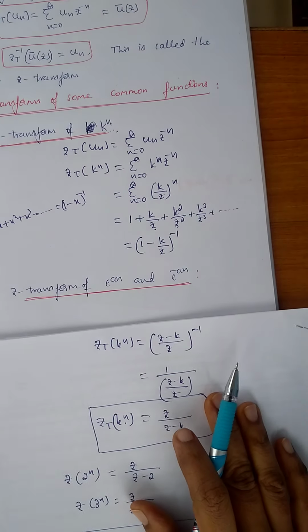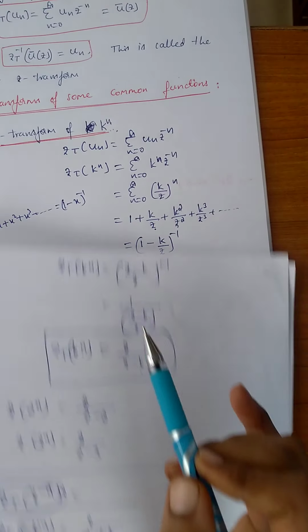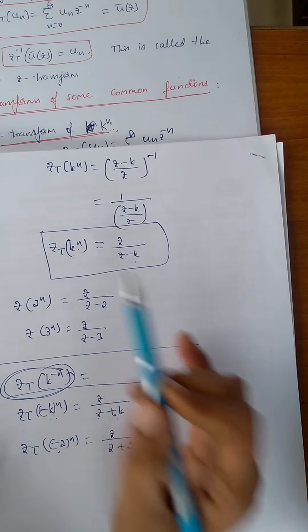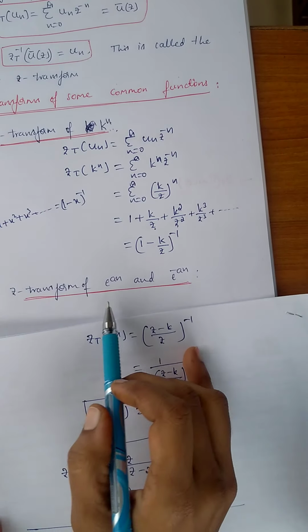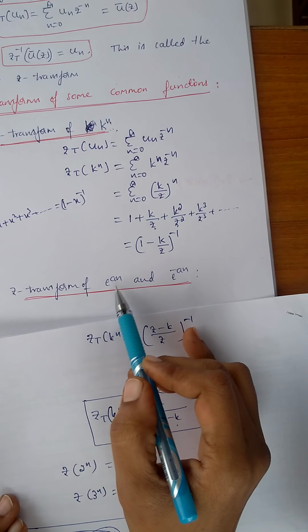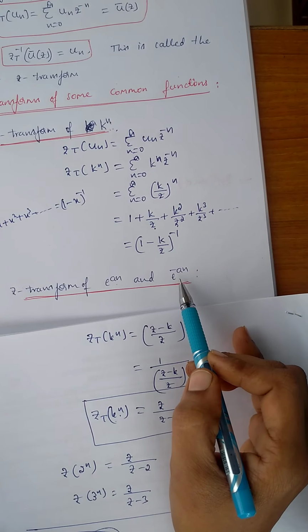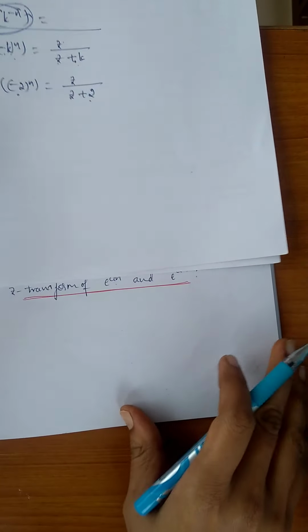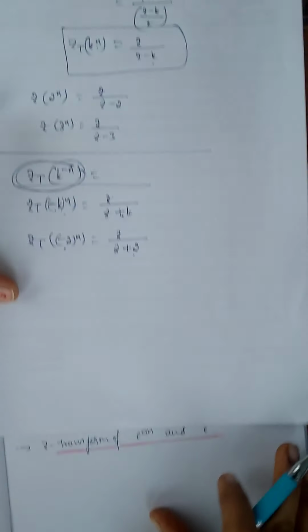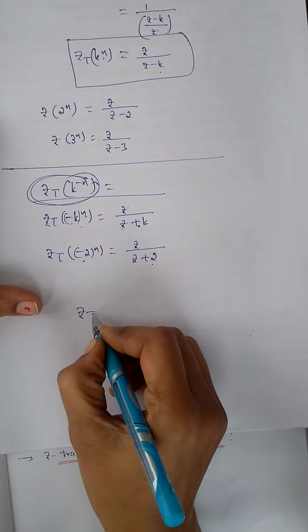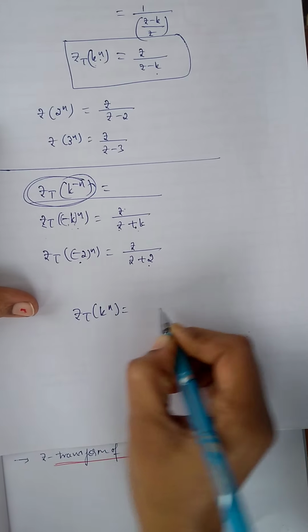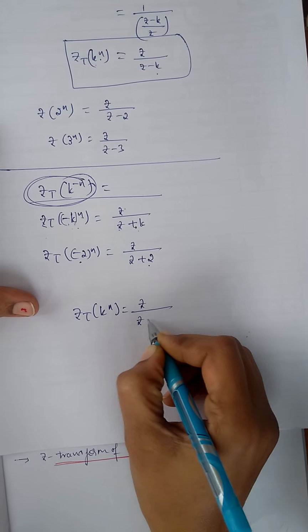Similarly, using the same formula, the z transform of k to the power of n, we can find the z transform of other standard functions, e to the power of n and e to the power of minus n also. So what is the formula we got? The z transform of k to the power of n, we got z by z minus k.